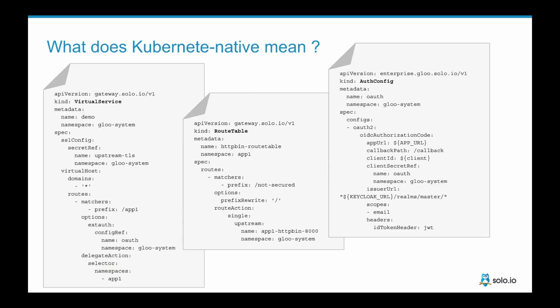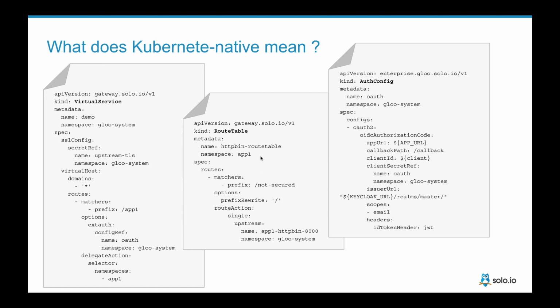So when I say Kubernetes native and I say we can drive the configuration through Kubernetes resources, basically this is what I mean, right? So you will define in a virtual service custom resource which domain you want to listen to. Here I say I have a request starting by /app1. I want to perform authentication, and the authentication is defined in this external object, and I want to delegate the action to this route table so that a team can be responsible for managing a specific domain.